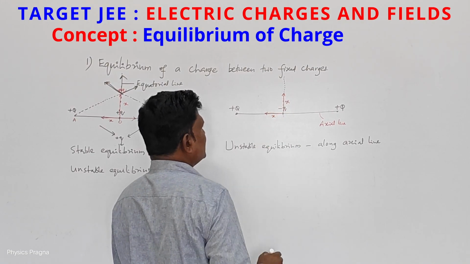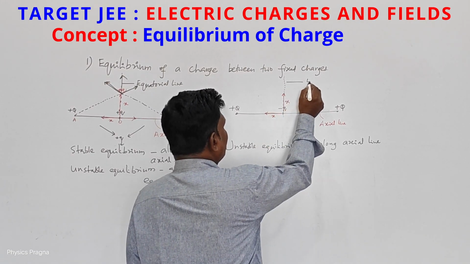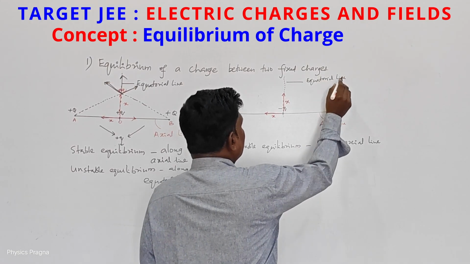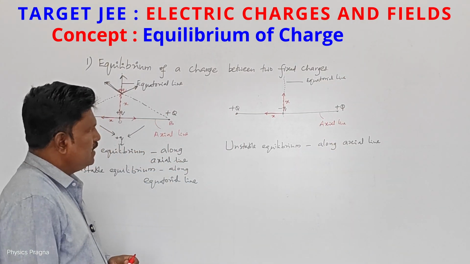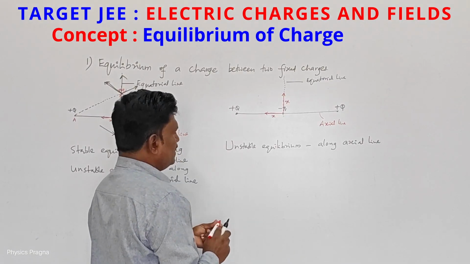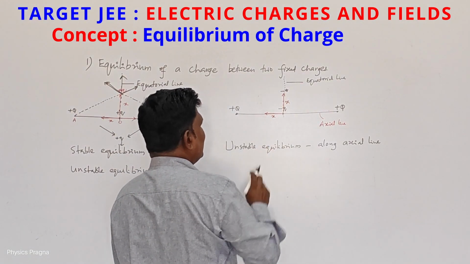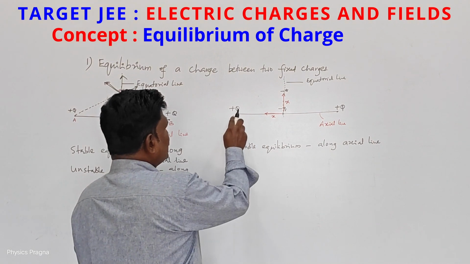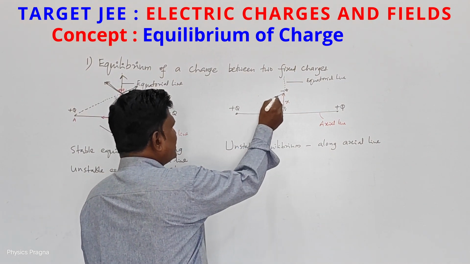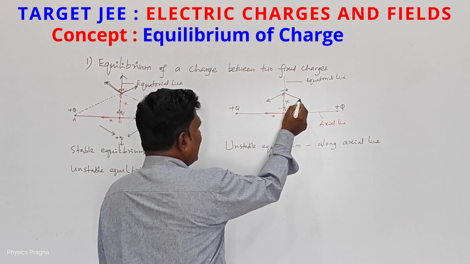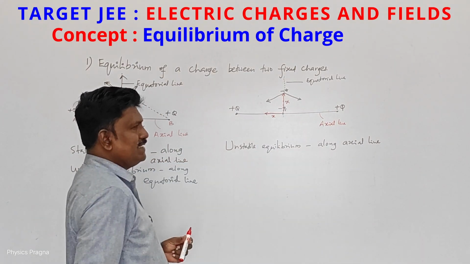Now if I move this small q an x distance along this line, the perpendicular bisector which goes to the center of the axial line, called the equatorial line, we know it. If we move it through x distance along the equatorial line, now minus q is here. Then what happens? This plus Q will attract this minus q towards it, and this plus Q also attracts this minus q towards it.